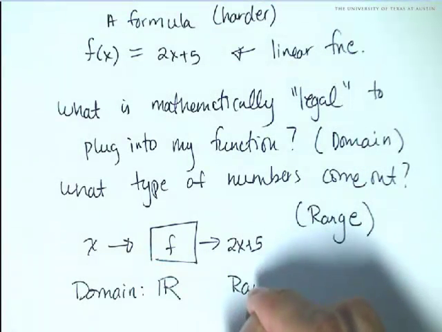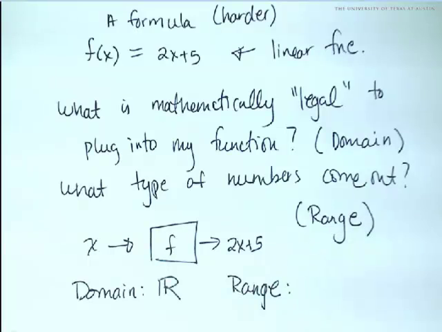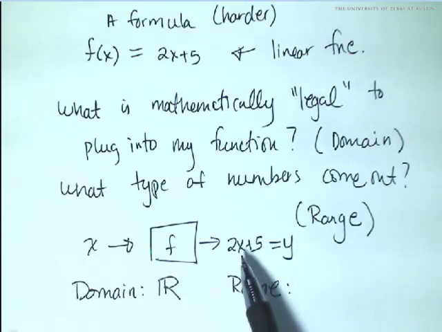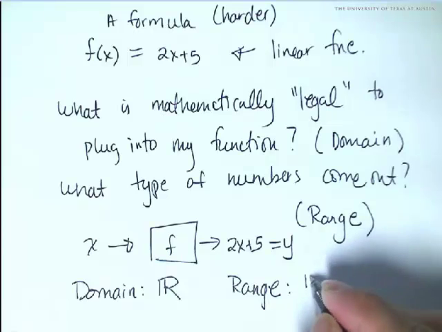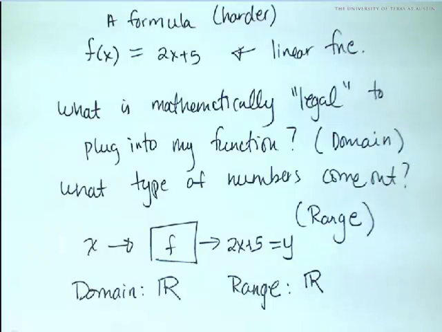Now the range is the set of numbers that come out. So I ask myself, is there any y value you can think of that you cannot solve for a real valued x? And the answer is no. Pick any y and you will be able to solve for x. Therefore my range in this case is also the set of all real numbers.